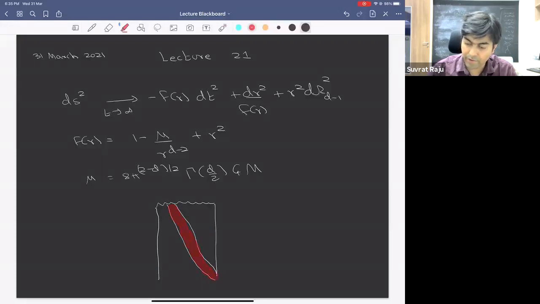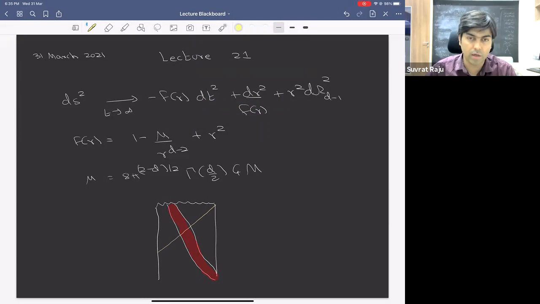And then as a result of this infalling matter falling in, there was a horizon that was formed. And here's my horizon. But at early times, there was no black hole, or maybe there was a pure state. And so this is not what's called an eternal black hole.